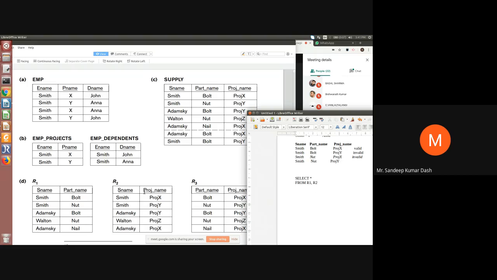So by this what will happen is that it will try to search for the common column which is sname.